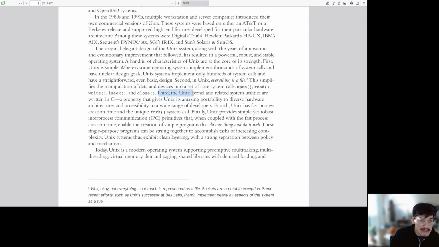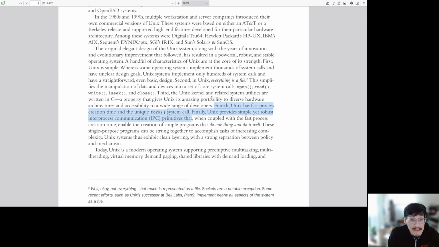Third, the Unix kernel and related system utilities are written in C, a property that gives Unix its amazing portability to diverse hardware architectures and accessibility to a wide range of developers. Okay, written in C, so it's very easy to get started, I guess, looking at the code.